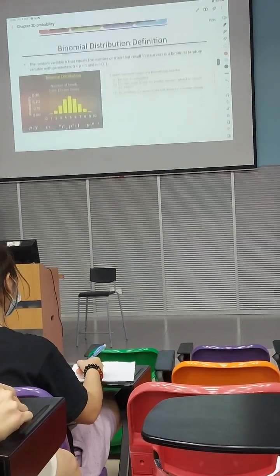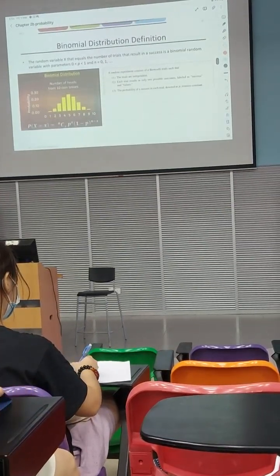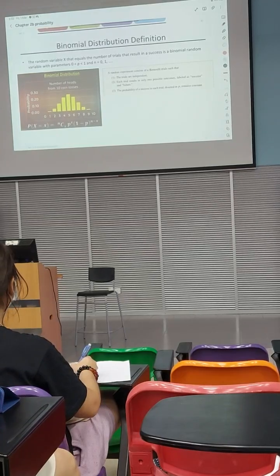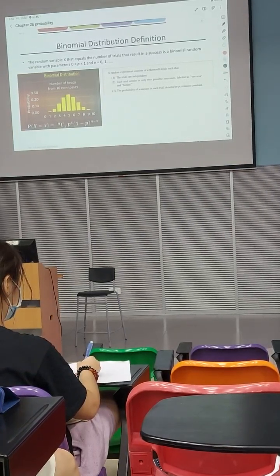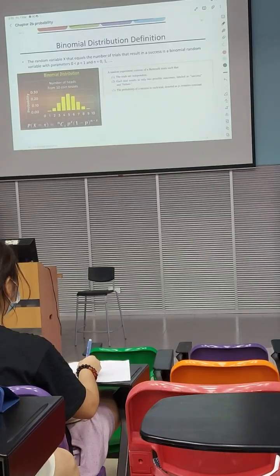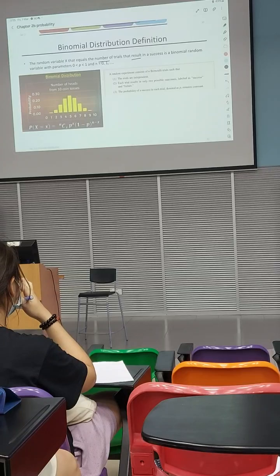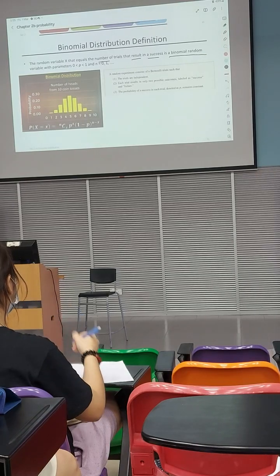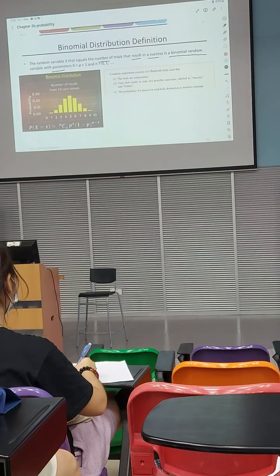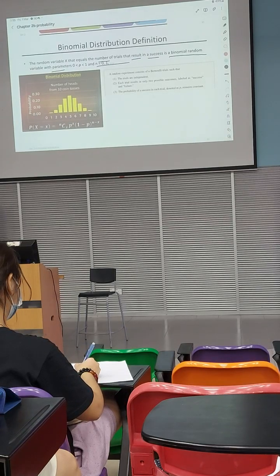So binomial distribution, that is why I will discuss this part first. The binomial distribution: the random variable X that equals the number of trials that result in a success is a binomial random variable with parameters p between 0 and 1, and n could be any value. What does this mean? Never mind.